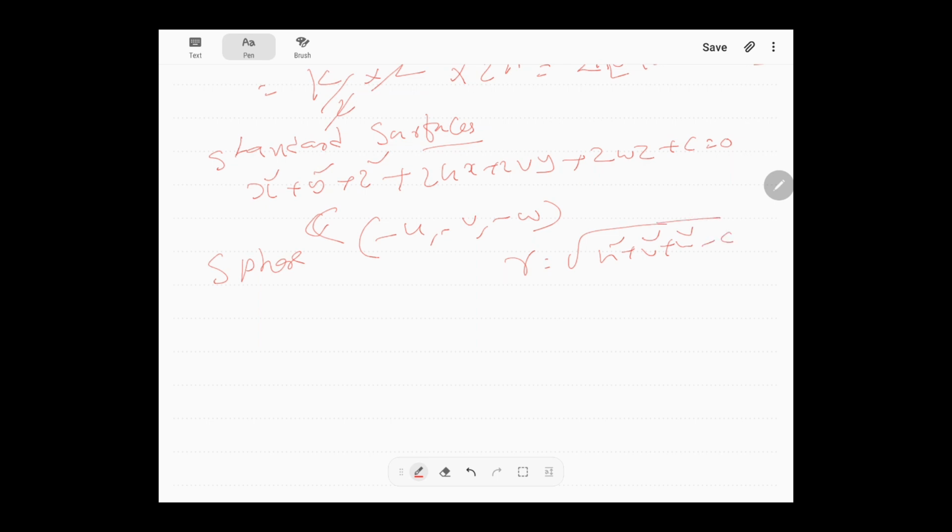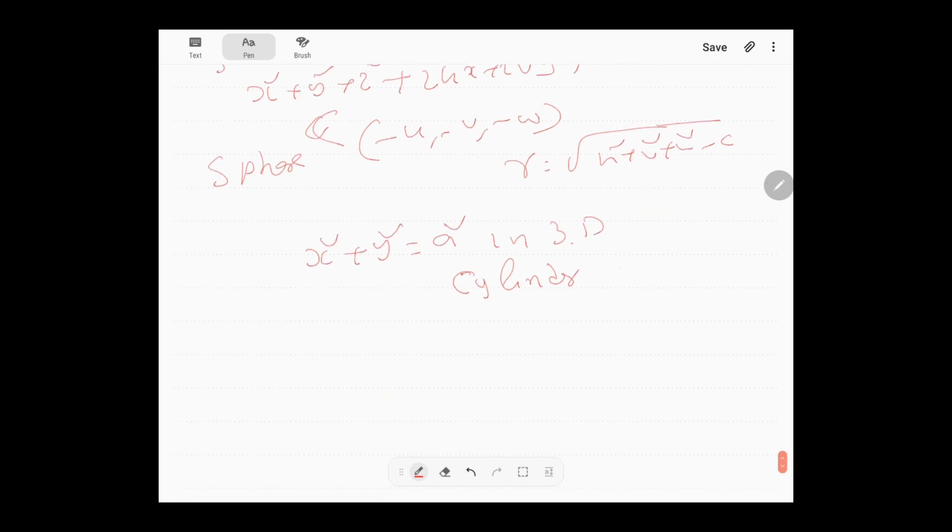So this is the sphere, and of course generally you don't get the general equation of a cone or the general equation of a cylinder. Already in the last class lecture also I have given you some hints. X square plus y square is equal to a square in 3 dimensions represents a cylinder of radius a.